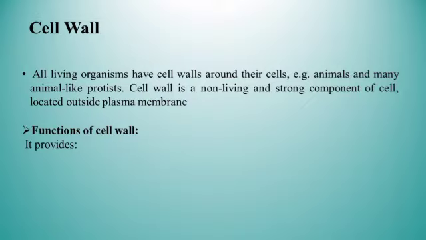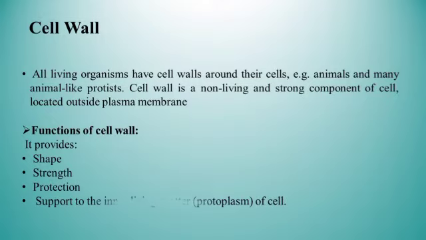Animals और animal-like protists के cells के round about उसके इर्द गिर्द एक wall होती है जिसको हम cell wall कहते हैं, जो कि एक non-living और strong component है cell का, and that is located outside the plasma membrane. अब इस नॉन लिविंग कंपोनेंट के फंक्शंस क्या हैं कि ये आपके सेल को शेप प्रोवाइड करता है, स्ट्रेंथ प्रोवाइड करता है, प्रोटेक्शन प्रोवाइड करता है फ्रॉम ऑल द एनवायरमेंटल कंडीशंस, और जो इनर लिविंग मैटर है प्रोटोप्लाज्म, उसको सपोर्ट प्रोवाइड करता है.